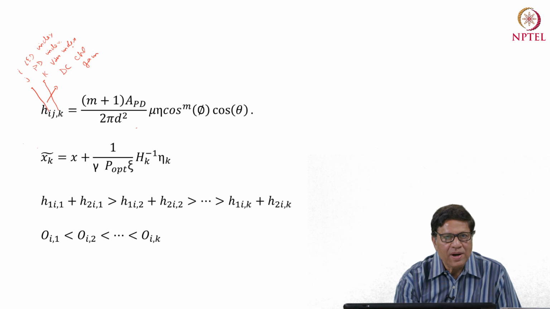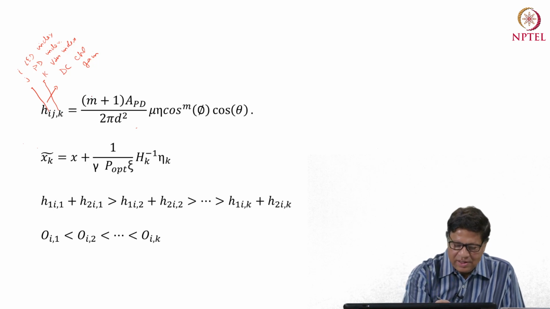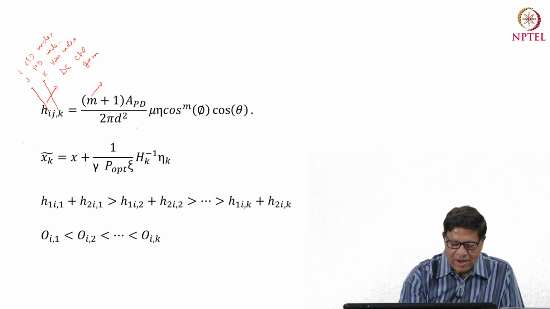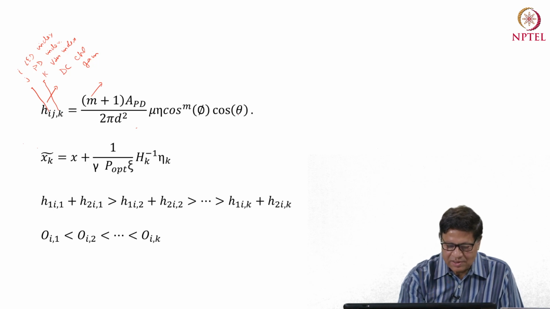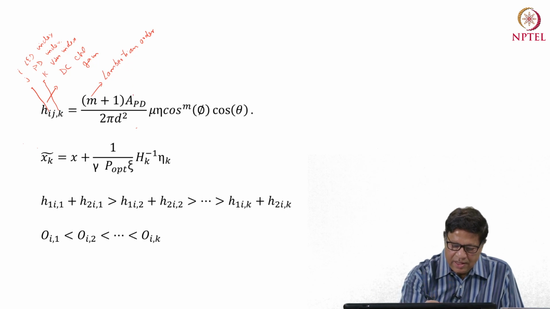And it's a 2x2 matrix for each user. And this is given by, as we have discussed in earlier classes, where m is the Lambertian order. It basically defines the radiation pattern of the LED. And this is the area of the photodiode.